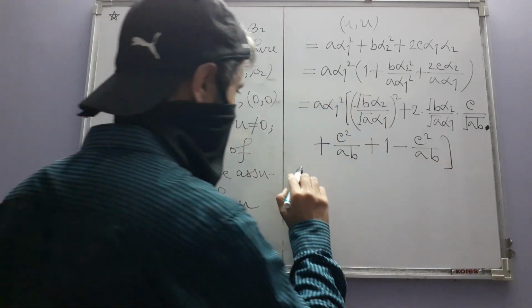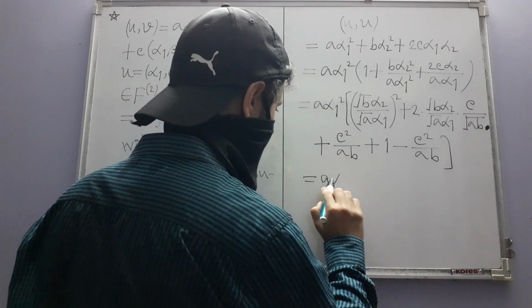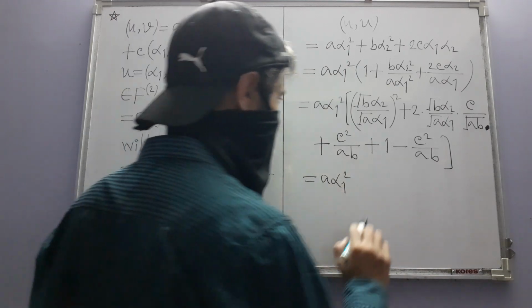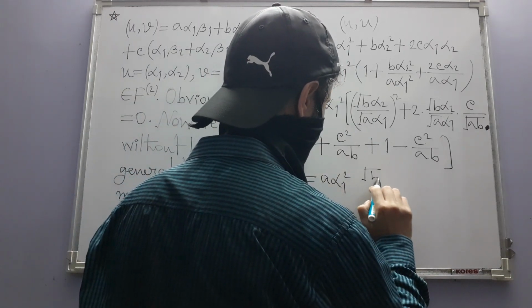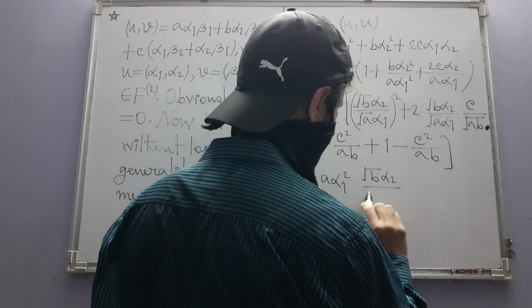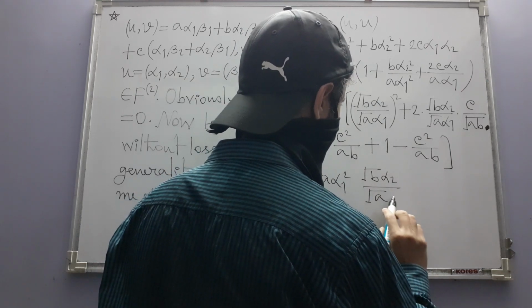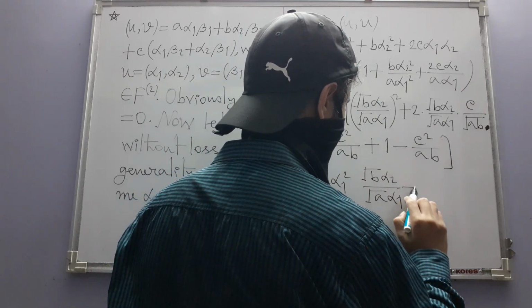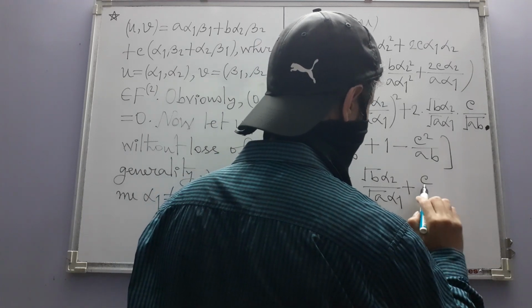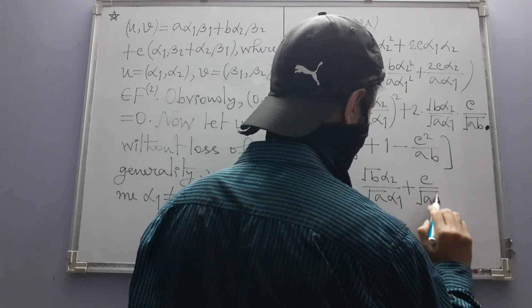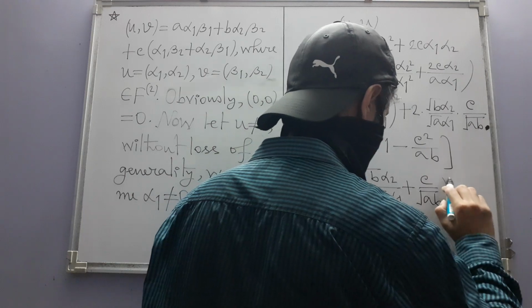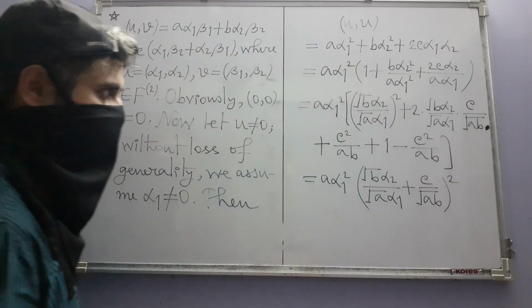So what does it become? It becomes this, alpha 2 over square root of a alpha 1 plus c over square root of ab, whole square.